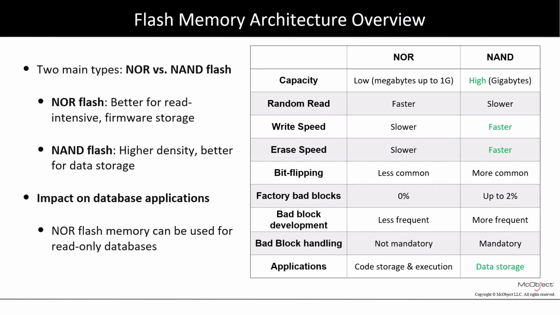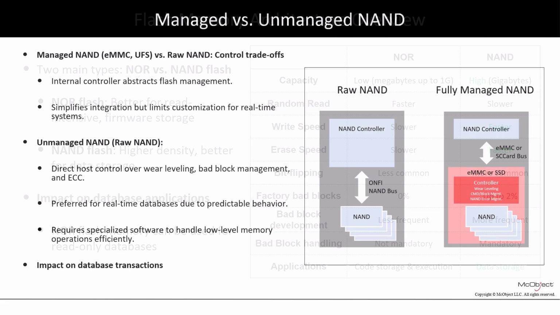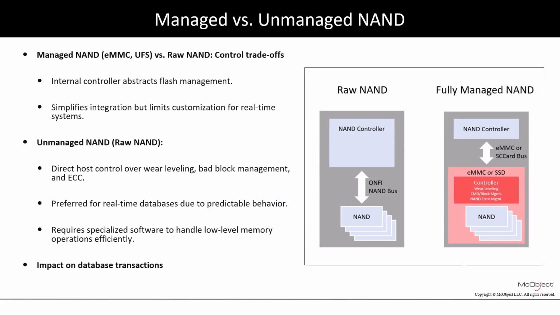NAND flash is optimized for high storage density and sequential write performance, making it the preferred choice for database storage and real-time systems. Despite its advantages, NAND flash requires aggressive wear level handling, bad block handling, and error correction. NAND flash memory is further categorized into two types: managed NAND and unmanaged, or raw NAND.